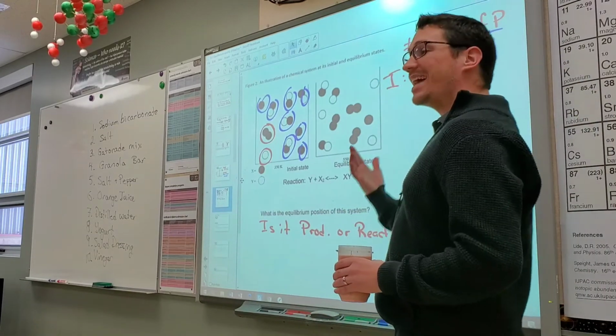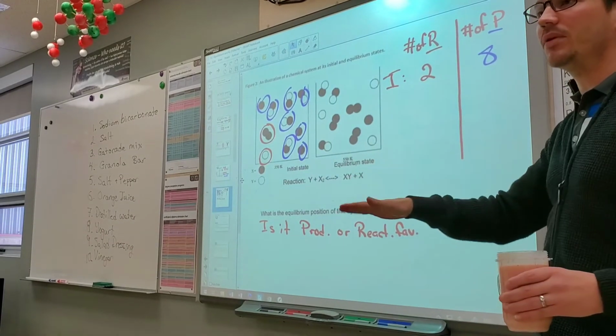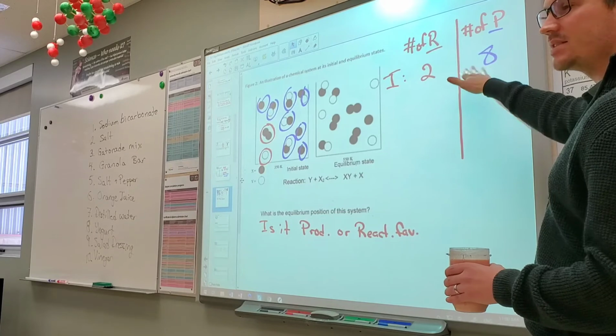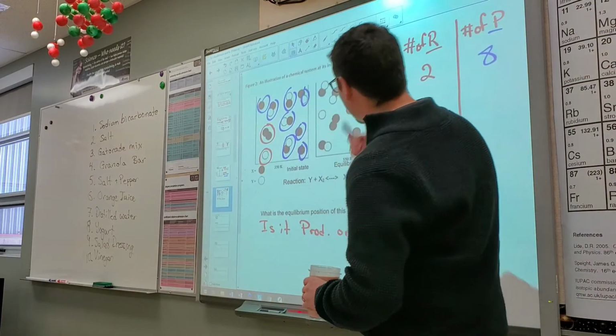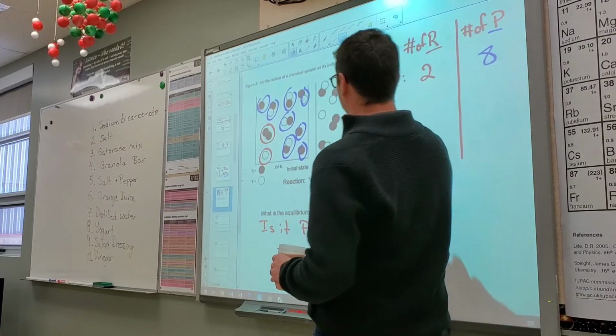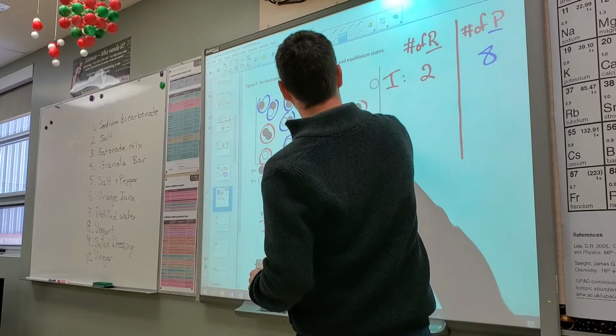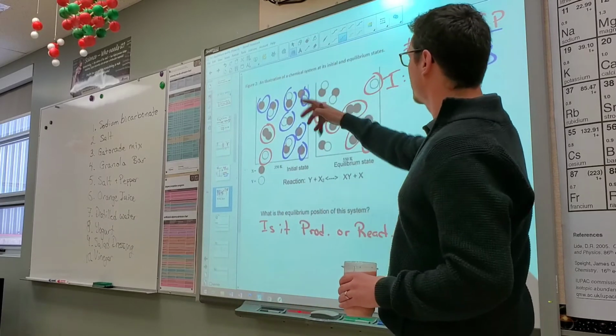Okay, so that's my initial condition. But we haven't established equilibrium yet. That literally doesn't mean anything at this point in time. So let's go back and circle a single Y or two X's put together. See, two X's, two X's, two X's, a single Y, and a single Y. 2, 4, 6.